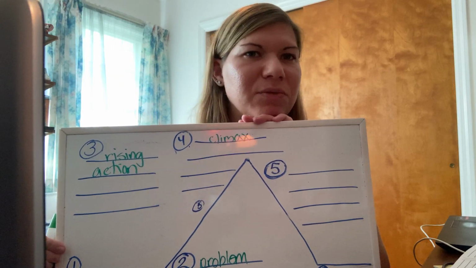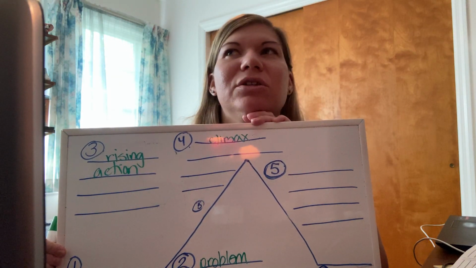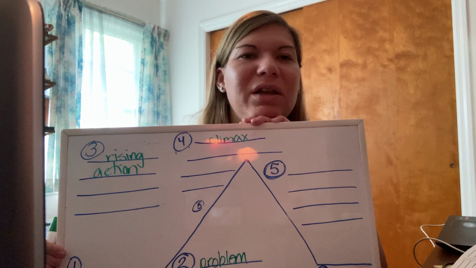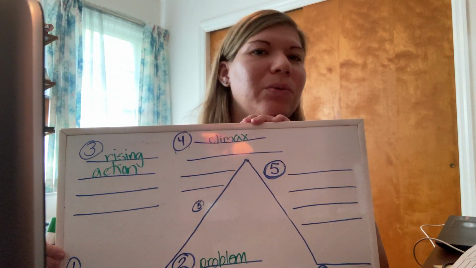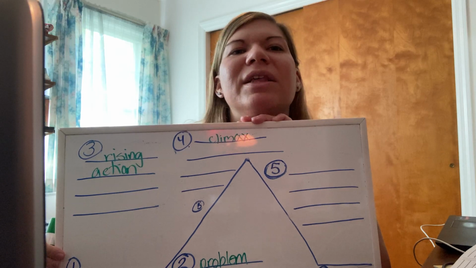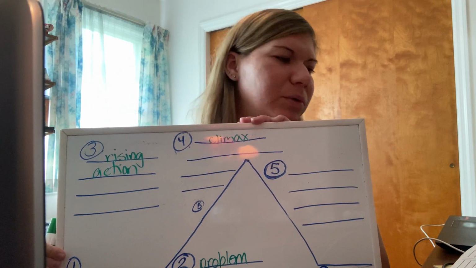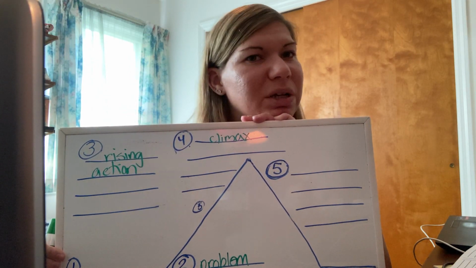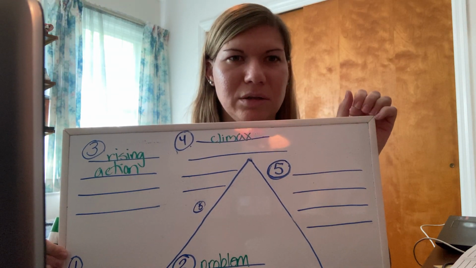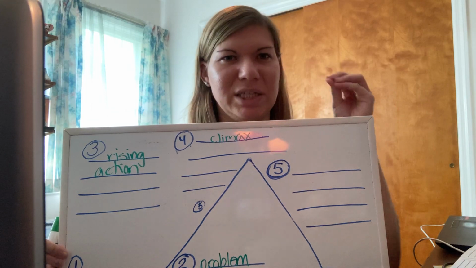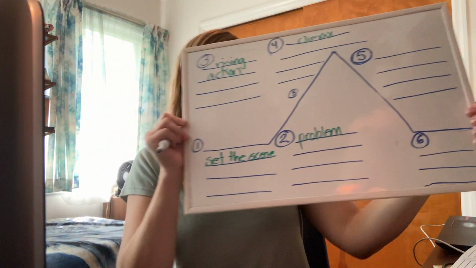So that could be different things for different stories. It could be like a fight or a battle. It could be something is revealed. It could be a wedding. There's a lot of things that it could be. We'll talk about what ours is in the story in a minute. But it's kind of where all of the story has been leading up to until that point.